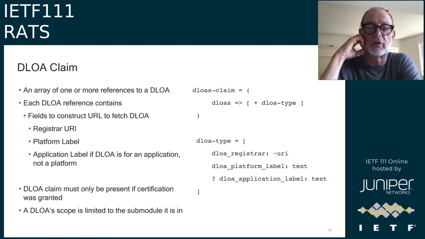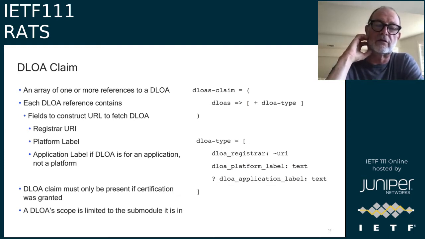The other point is that the DLOA claim would only be present in an EAT if that certification was granted. So you wouldn't put them in for any other reason. And then the DLOA scope is limited to the submodule that it's in. So it just works with submodules as all the other claims work with submodules.